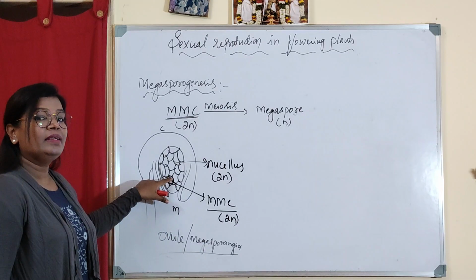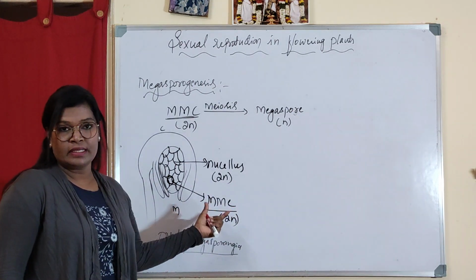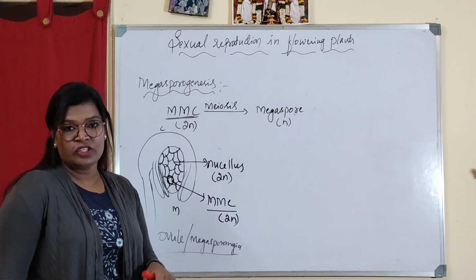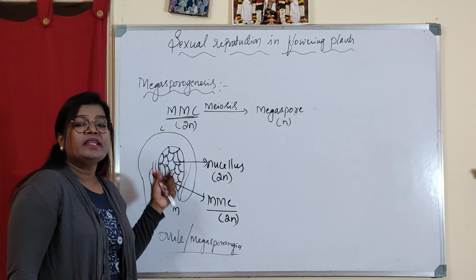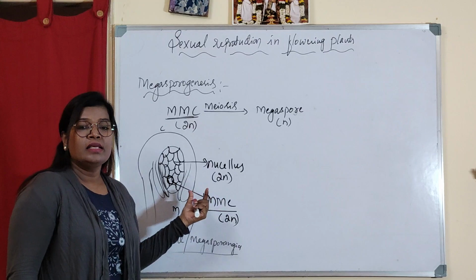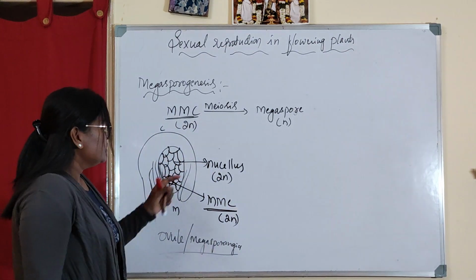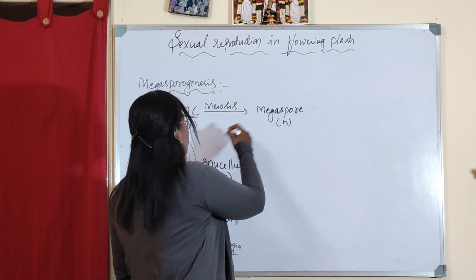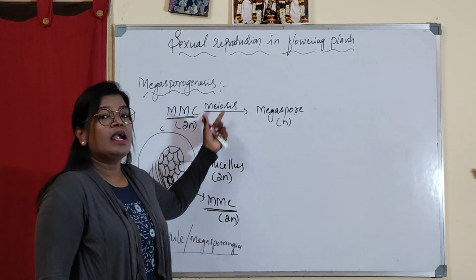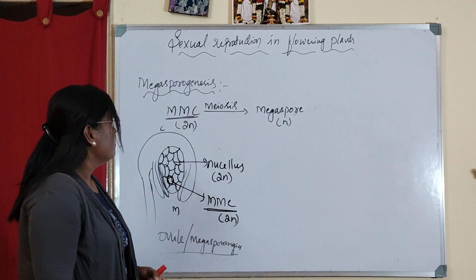It is not directly formed into the MMC. Archisporium cells differentiate to form the primary sporogenous cell, which divides to form the megaspore mother cell. The megaspore mother cell undergoes meiotic division and ultimately forms the haploid megaspores.